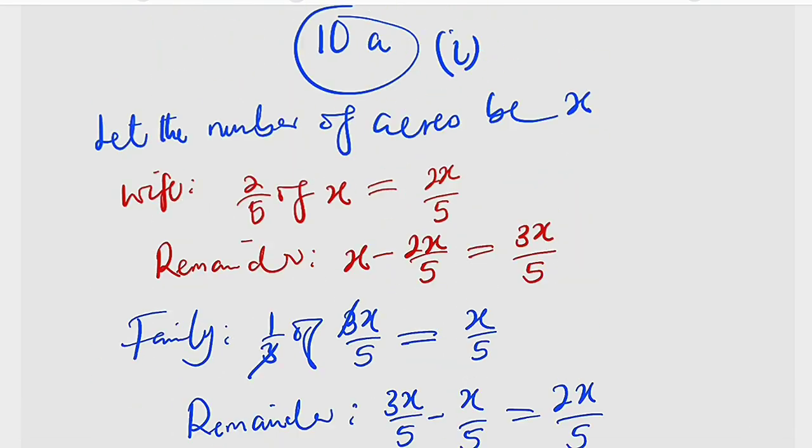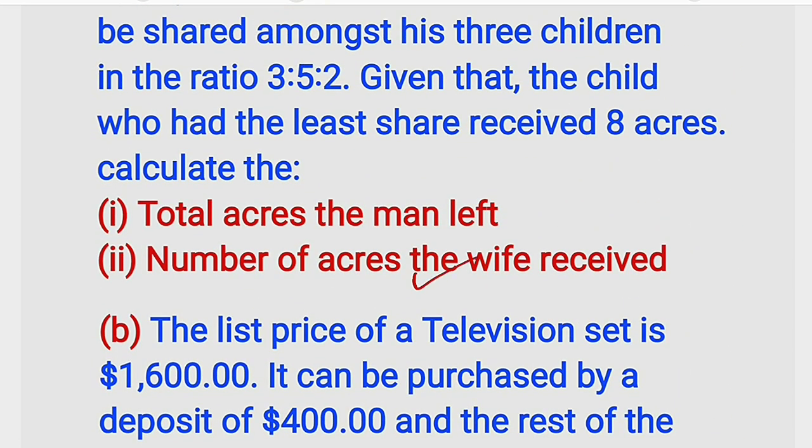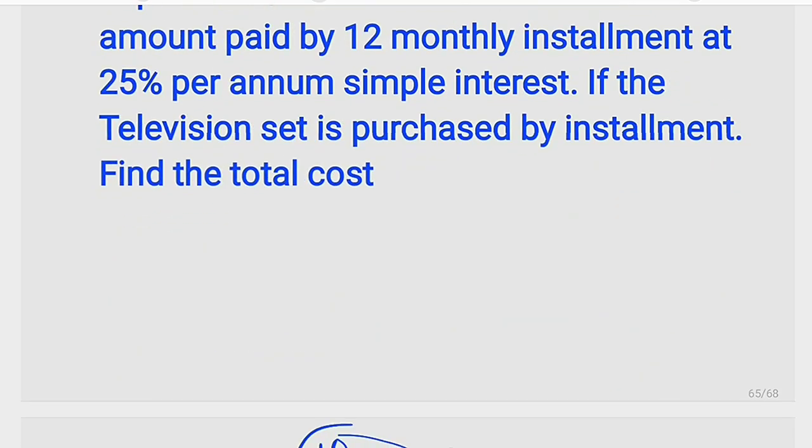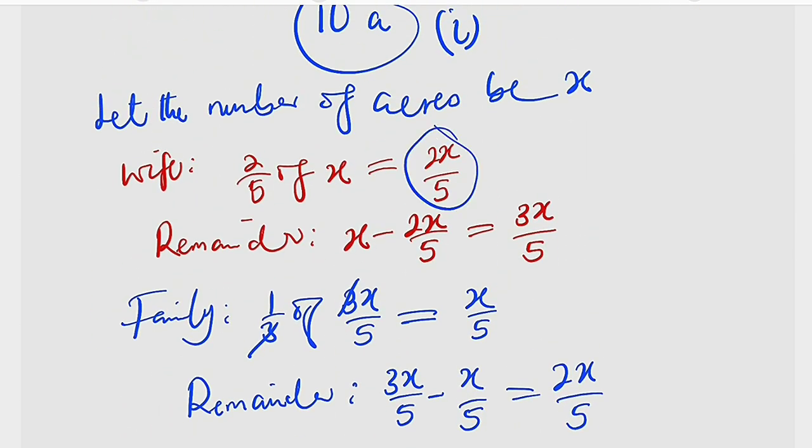We have answered the first part. So we need to find this one, that is the wife's share. Remember that she received 2x over 5.